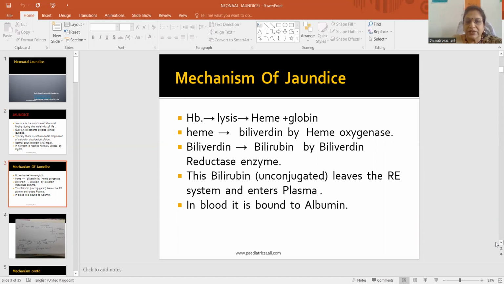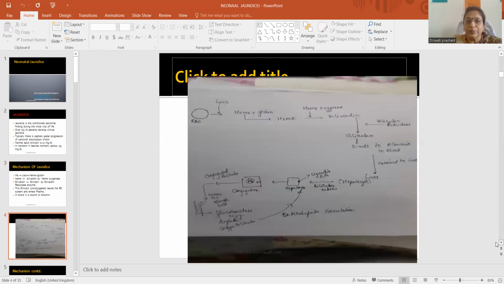Heme is converted to biliverdin by the heme oxygenase enzyme. Biliverdin is converted to bilirubin by the biliverdin reductase enzyme. This bilirubin is an unconjugated form of bilirubin which leaves the reticuloendothelial system and enters the plasma. In blood, it is bound to albumin.